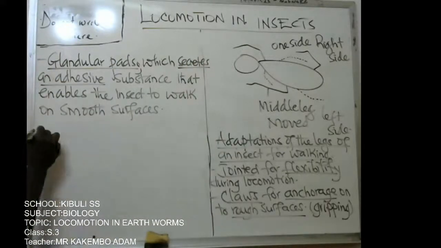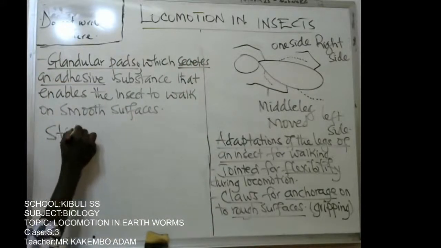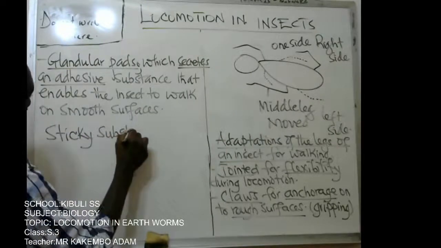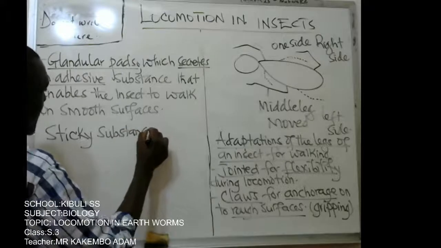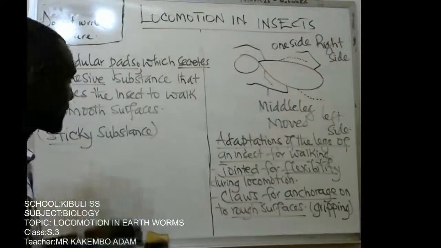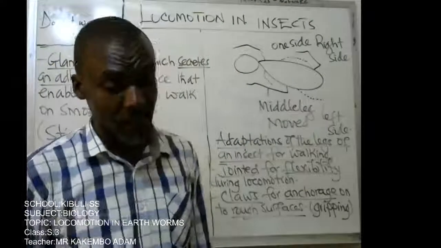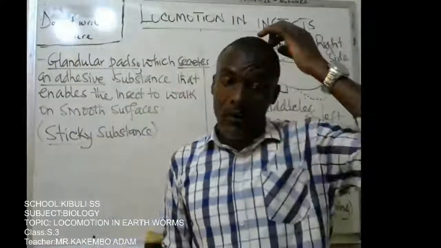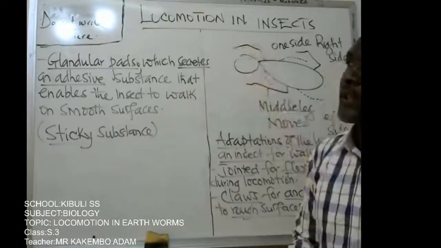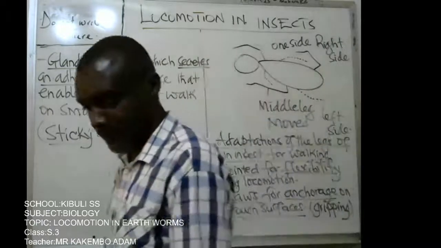Adhesive is sticky. It is a sticky substance. To adhere is to firmly attach. It's an attaching substance. So that is how locomotion is achieved in an insect using the legs for walking.